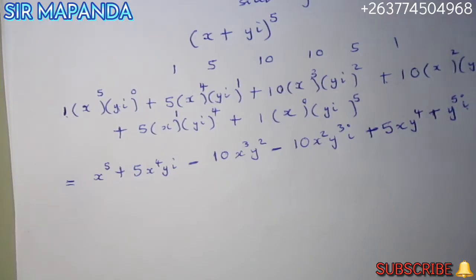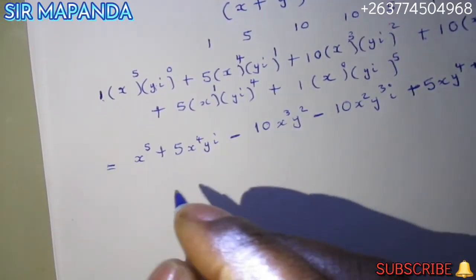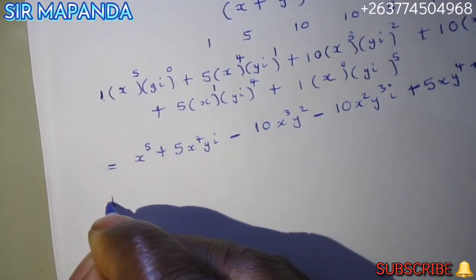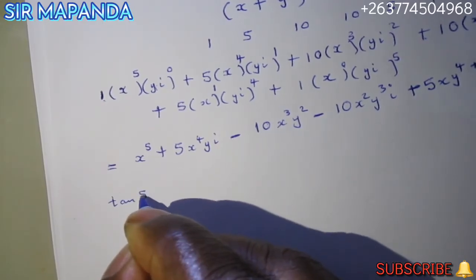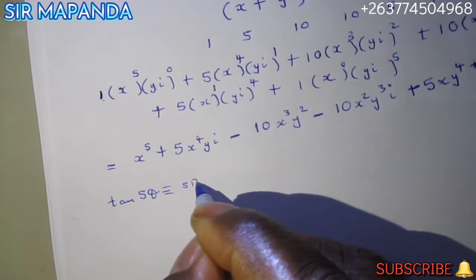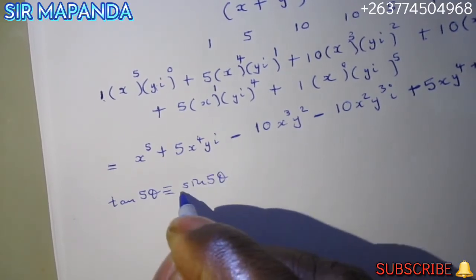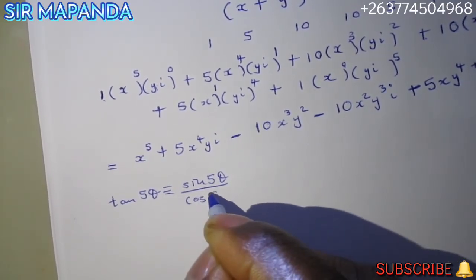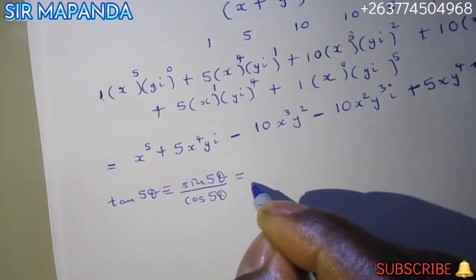Right. So, let us go back. We said before that tan 5 theta is identical to sine 5 theta divided by cos 5 theta, right?